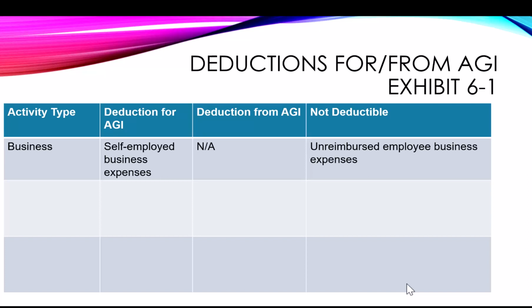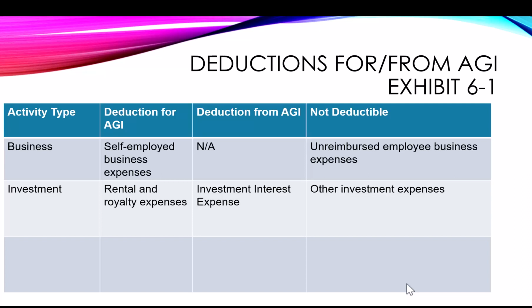There are some activities that would not be deductible by the business taxpayer. These would include unreimbursed employee business expenses. And this makes sense because if you did not actually incur the business expense, meaning you made your employee pay for their own business expense, then you should not be entitled to a deduction on your tax return.